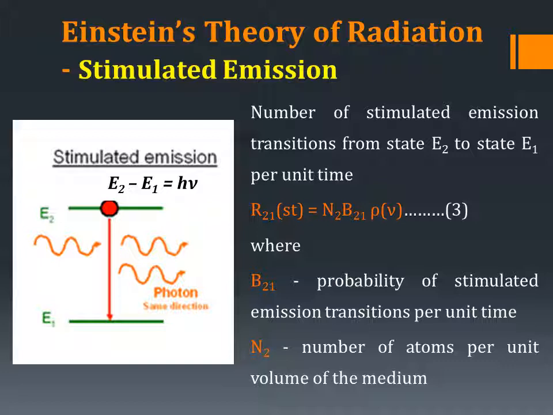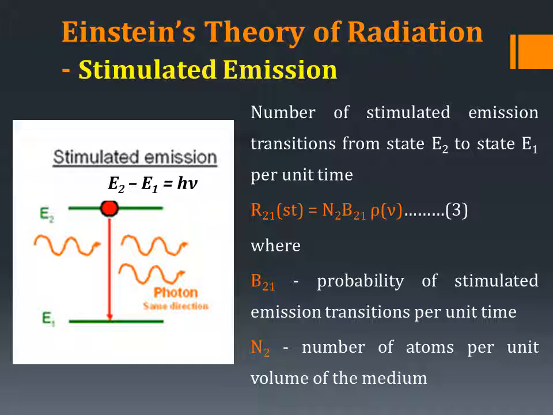The rate of stimulated emission or the number of stimulated emission transitions from state E2 to state E1 per unit time is denoted by R21 ST. R21 ST is proportional to N2, the number of atoms in the energy level E2 per unit volume of the medium, and also R21 ST is proportional to rho of nu, where rho of nu stands for the energy density of incident radiation.